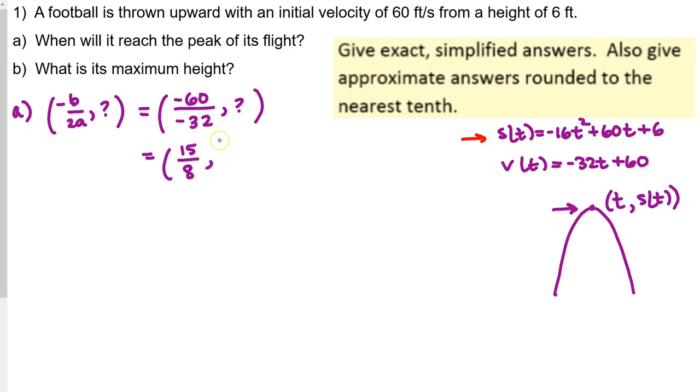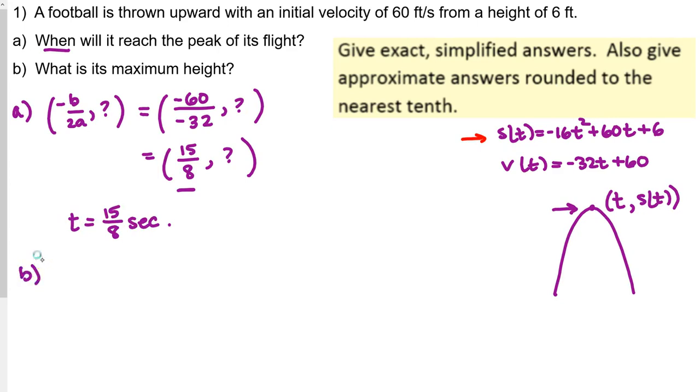Divide the top and bottom by 4. Okay, so for part A, when will it reach the peak? We know the time now is 15 eighths. So it reaches the peak at 15 eighths seconds. That's almost 2 seconds, 1 and 7/8.